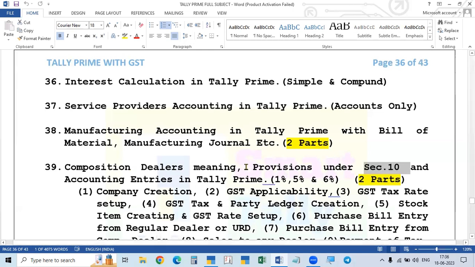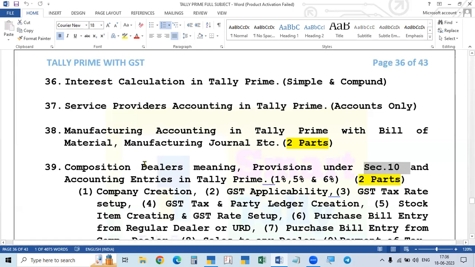For the purpose of registering, there is one threshold limit for all the people. The threshold limit for registration is 40 lakhs. Above 40 lakhs, they have to register. Similarly, in this case, a maximum threshold limit of business turnover is prescribed for the people registering under the composition scheme.